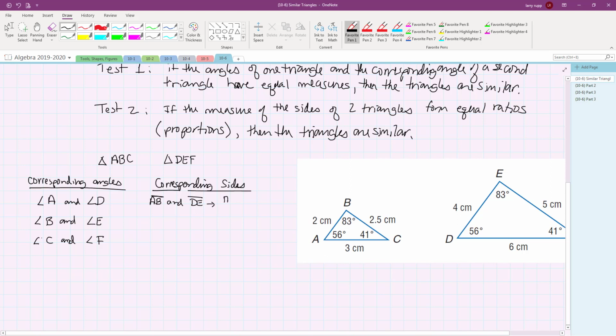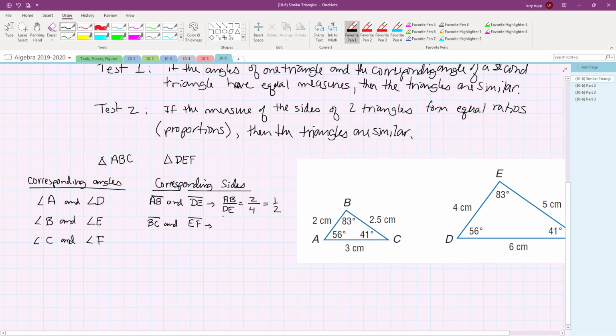The ratio is AB over DE, and AB is 2, DE is 4, so that equals 1/2. Let's go back again. Side BC and side EF.